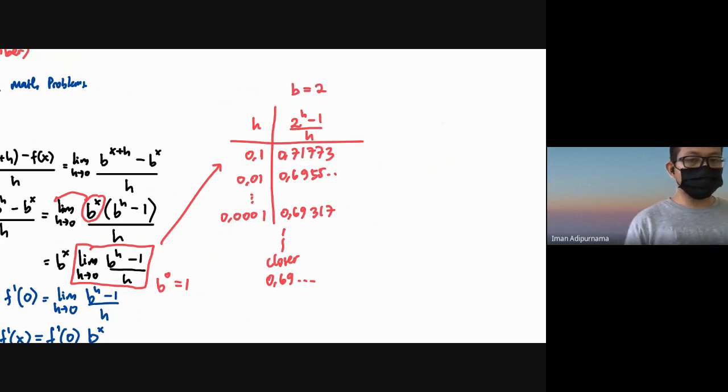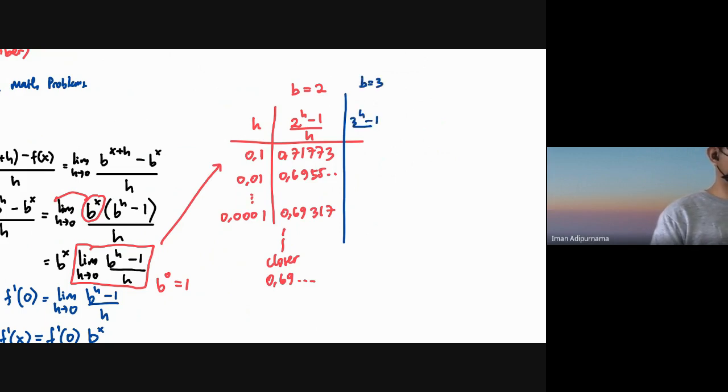Okay, and if we try with another b, let's say b equals 3, this will result with 1.1612 something something. And if you have 0.01, you will have 1.10467.